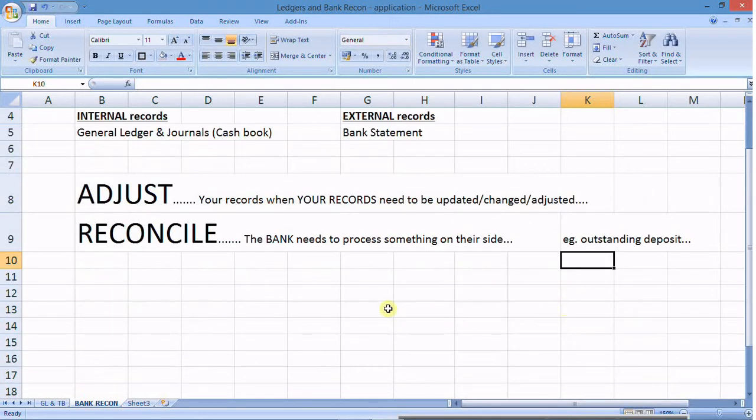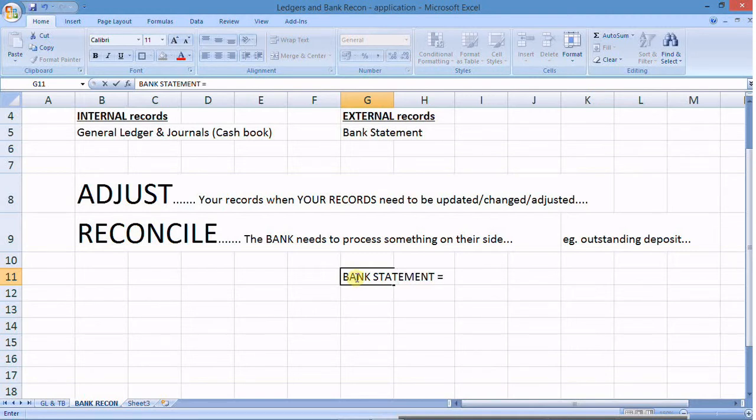Let's assume that your bank statement, how often do you get a bank statement? Once a month. Correct. A bank statement should be either sent to you via the post or emailed to you digitally, but it's monthly.